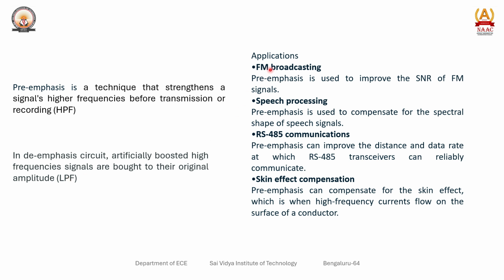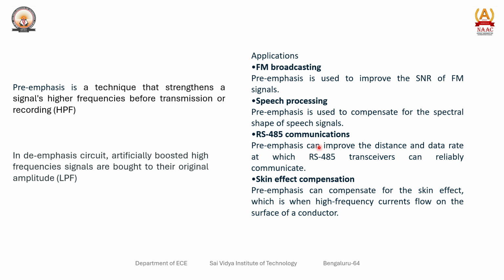What are the applications of pre-emphasis and de-emphasis circuits? Pre-emphasis circuit finds very important application in FM broadcasting, where it improves signal to noise ratio. In speech processing also, this pre-emphasis circuit is used for compensating the speech signals.